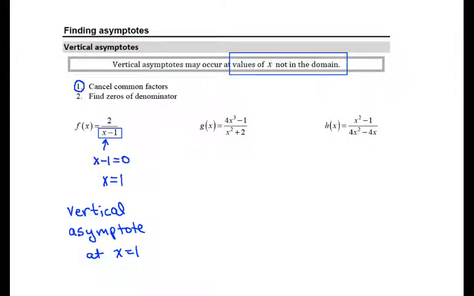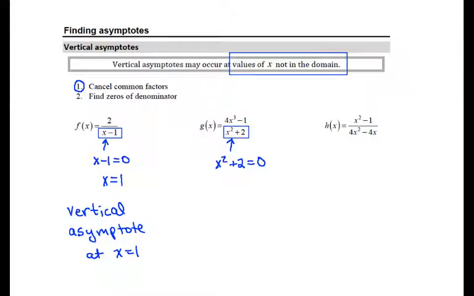Now looking at the next rational function. My denominator is x squared plus 2.